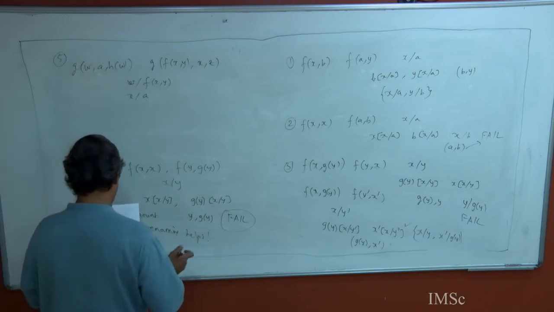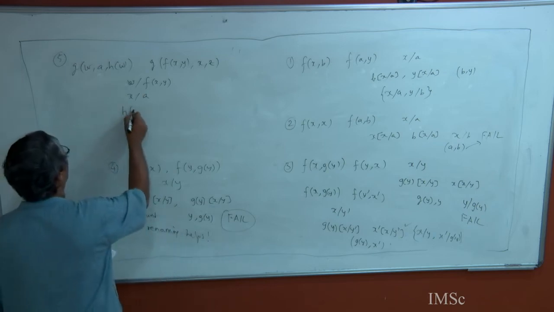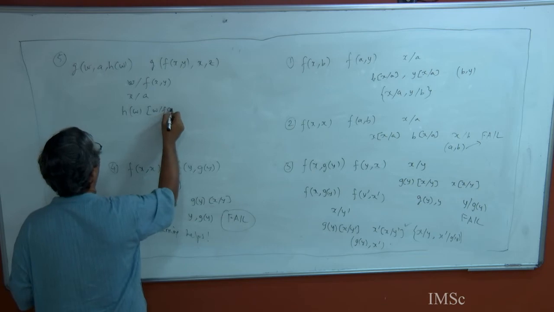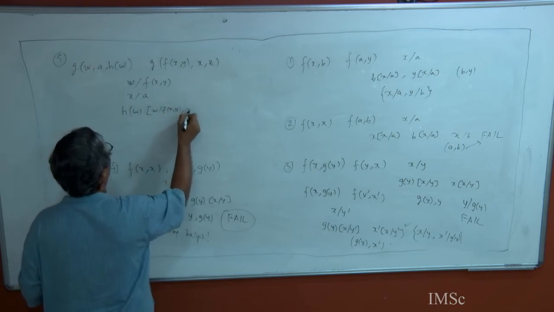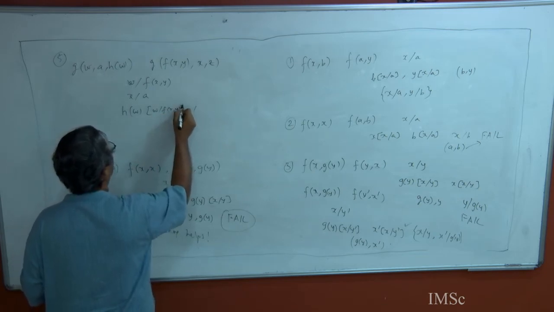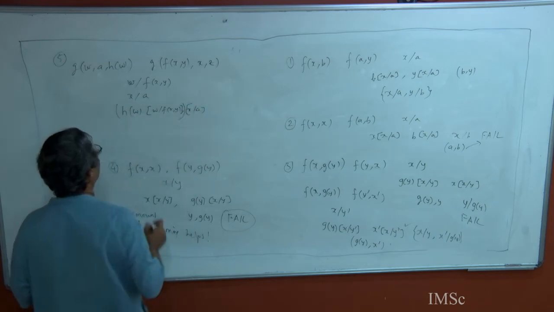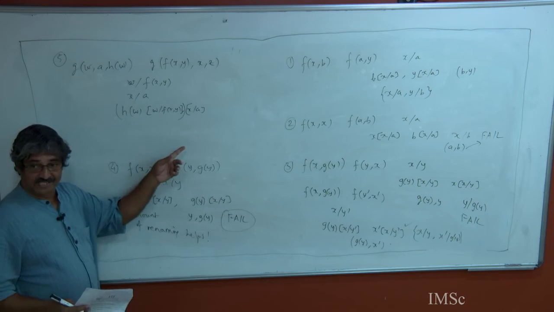And the next one, I'll get H of W with W getting F of X Y, and in this I'm going to get X with A. Remember that this is composition.